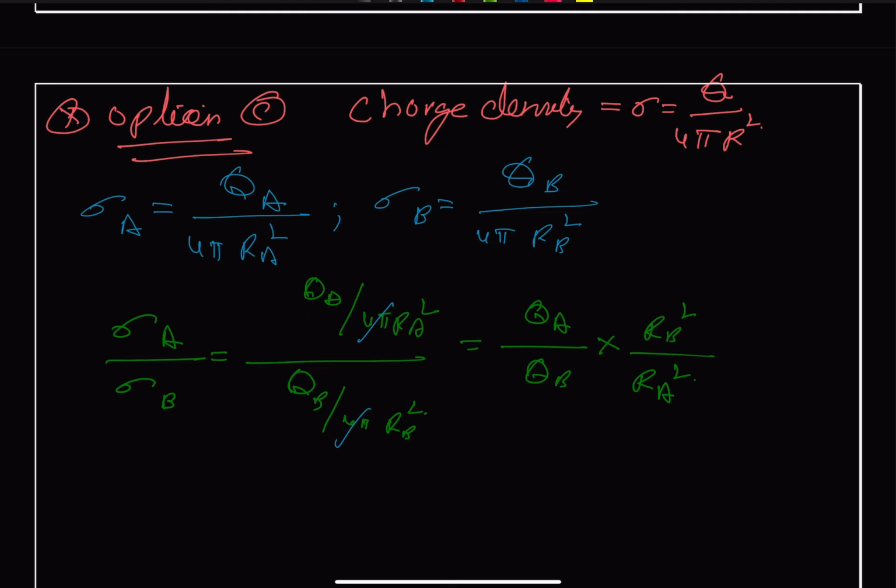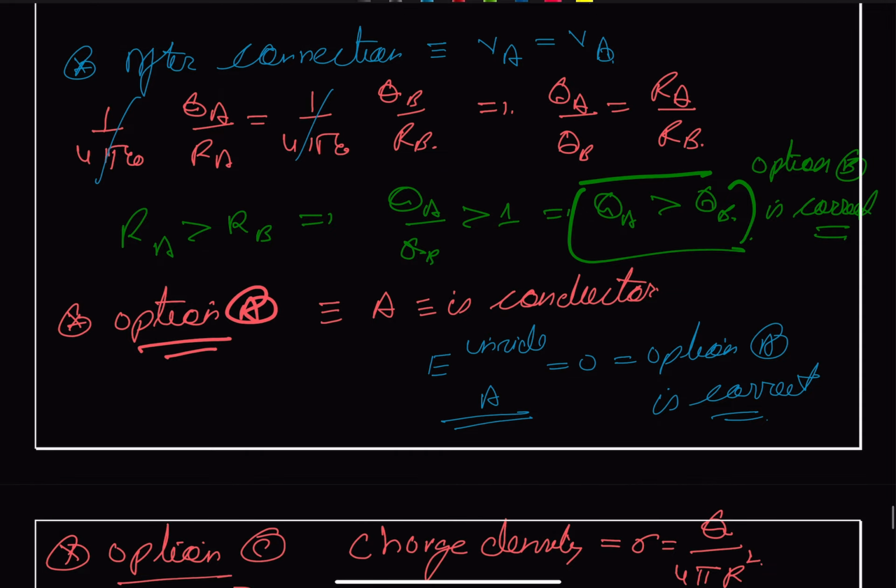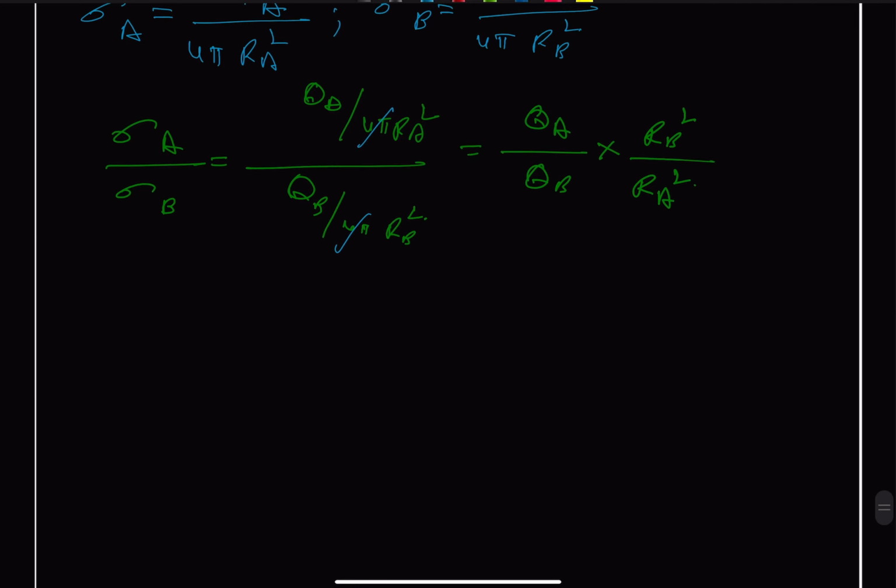And we derived one relationship, this one. So we just substitute it, and we can say QB upon QA is equal to RB upon RA.